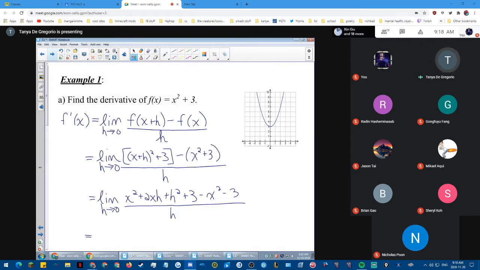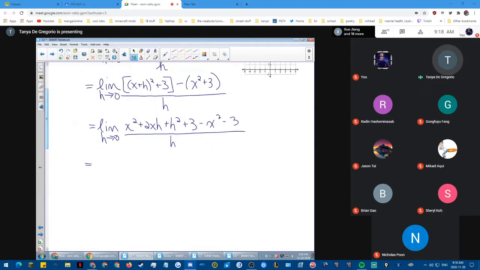The whole reason I have to do this is because I can't sub in 0, right? If I sub in 0, I get 0 in the denominator. All right. So now I look to see how this cleans up. What am I left with? I can see that cancel, cancel, and so I'm left with, and now you should notice that an h factors out and you can simplify.